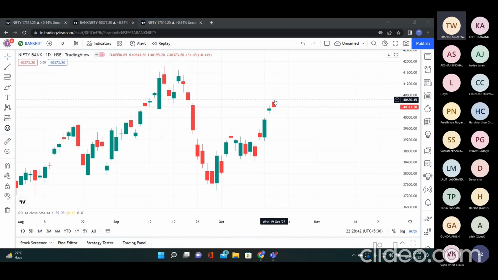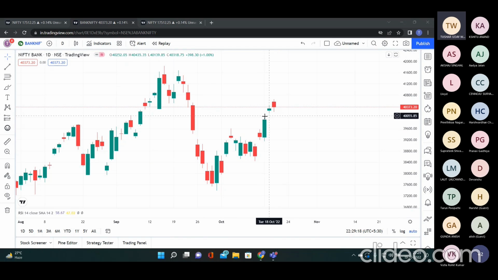Then we get to know about the day's high, that is 40,640, and this red candle shows that the price was bearish in today's trading and there was actually quite a sell-off. So the price opened at 40,197, then increased to 40,721 and then closed around 40,398.